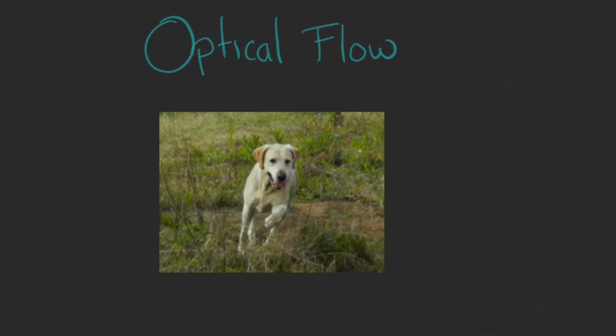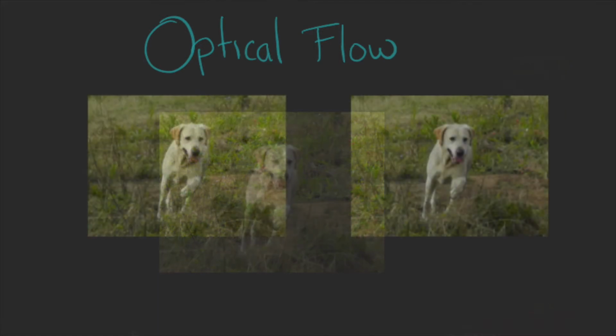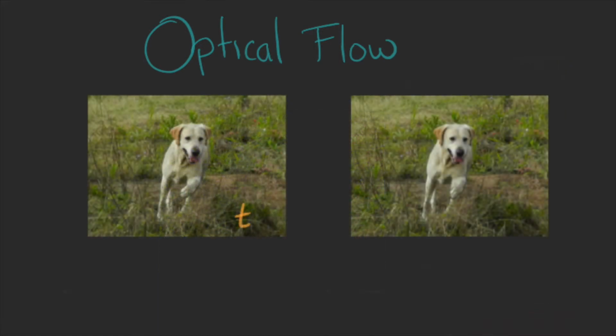So, we have two images that were taken quickly one after the other. The first one at time t and the second at t plus delta t. And we're going to focus on one point, let's say a point in the paw. In the first image, the point has coordinates x, y.